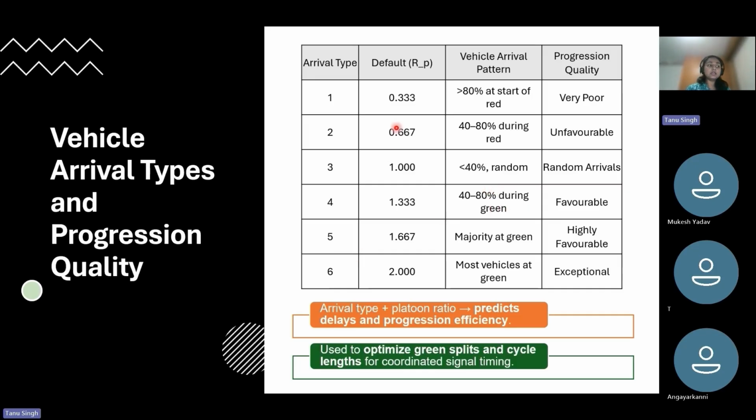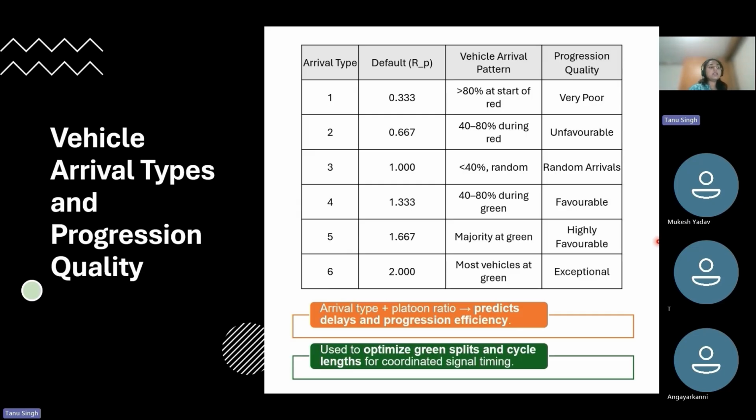If the platoon ratio is around 1.667, the majority of vehicles arrive during the green, which is highly favorable. And when the platoon ratio is around 2, most vehicles arrive at green, which is the exceptional case.